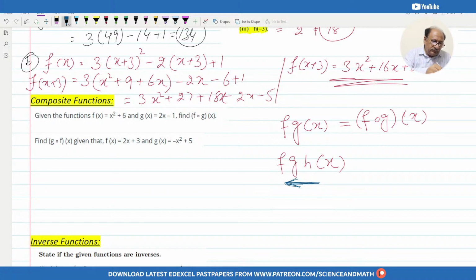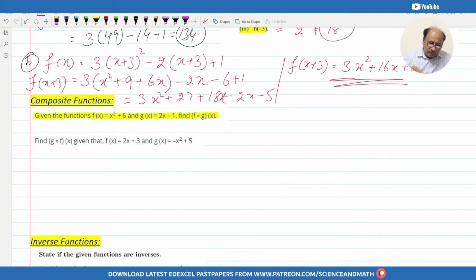Now if we go through this one, given that the function f of x is defined, I will erase whatever I've explained. So f of x is given, f of x is equal to x squared plus 6, and g of x is also given. g of x is equal to 2x minus 1, and we have to find f of g of x.